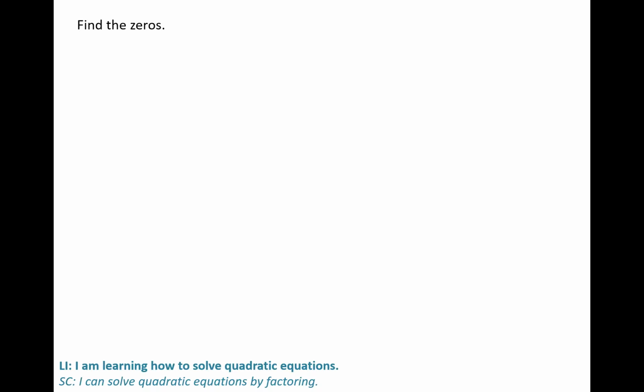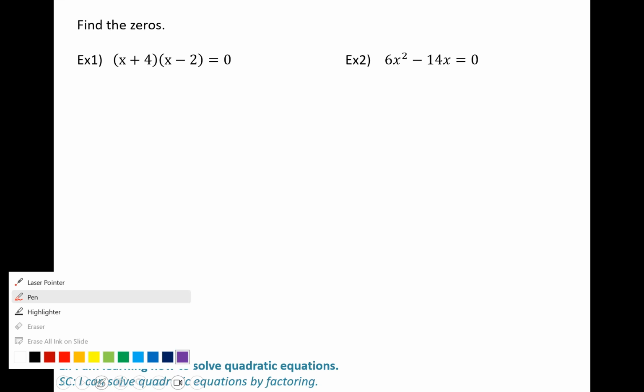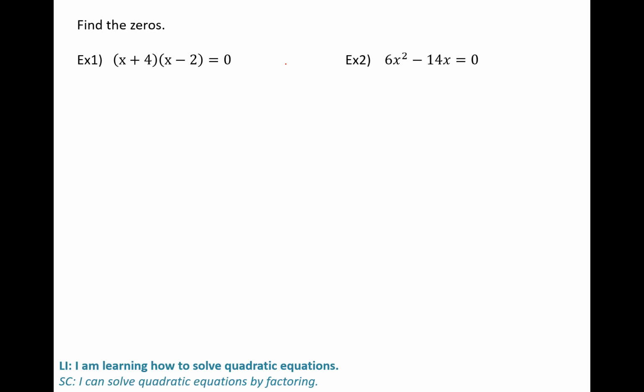All right, so for this first one, the directions say find the zeros, which is a way of saying find the answer or the solution to these fabulous equations. We're going to start with number 1, and I'm going to be using some colors here, red and green, so I'm going to start with red.